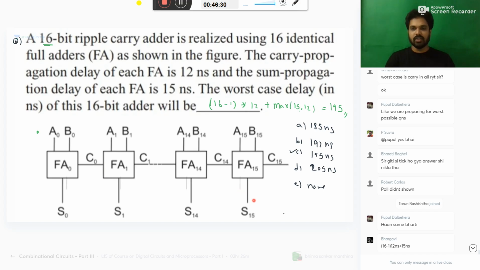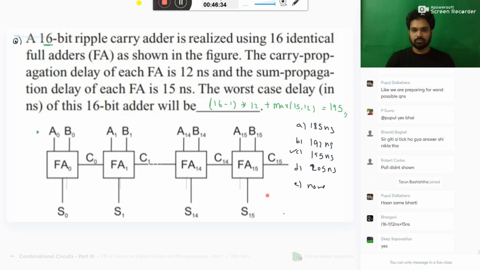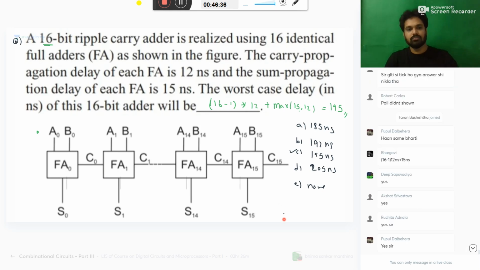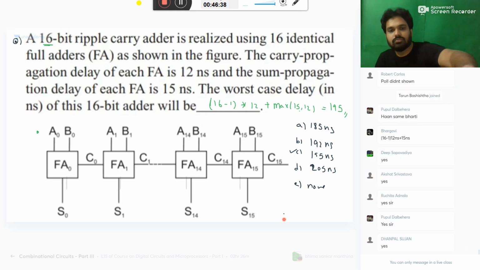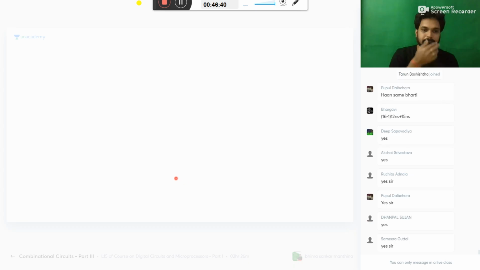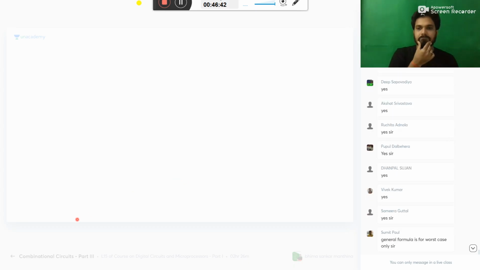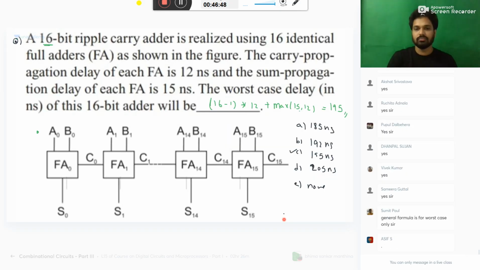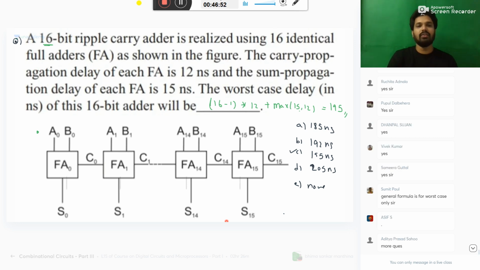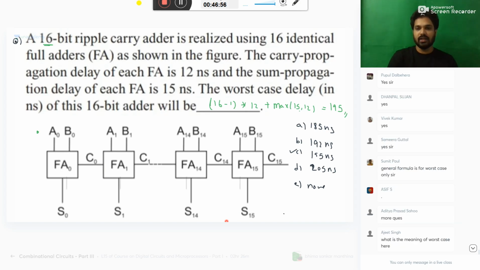So shall we proceed further? Okay. Yeah. Right, Sumit. So I will give you one homework for today. Tomorrow we discuss it in the class.